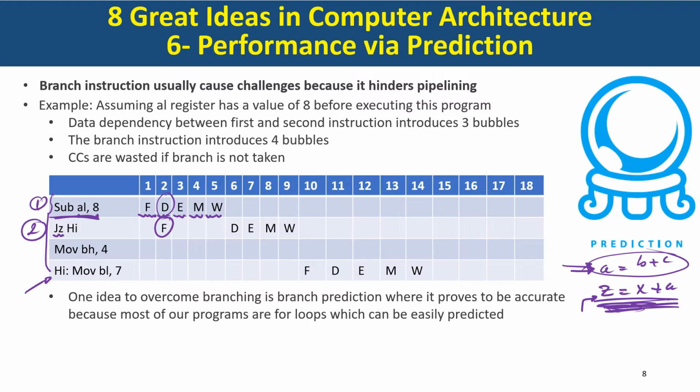But in order to know whether the subtraction gives 0 or not, we must wait until this instruction finishes after the 5th stage, the write back. Then we can continue with the second instruction, doing the decode, execute, memory, write. So the dependency creates bubbles here: empty cycles that don't have executions.